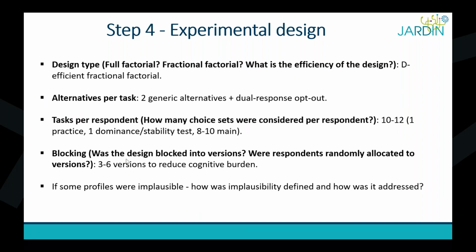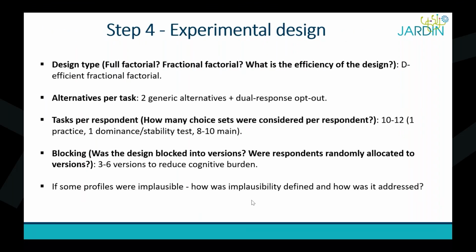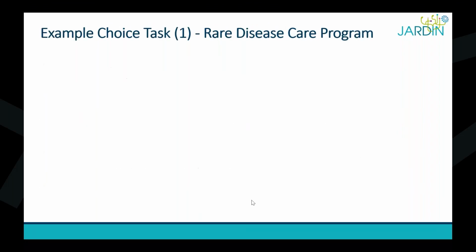And then in some cases, you might find some of the alternatives implausible or unrealistic. Then the question is, how do you define implausibility? And if you find some alternatives implausible, how can you address that? There is a mechanism, because we use a kind of software called Engine to generate these choice tasks, so you can constrain the design.